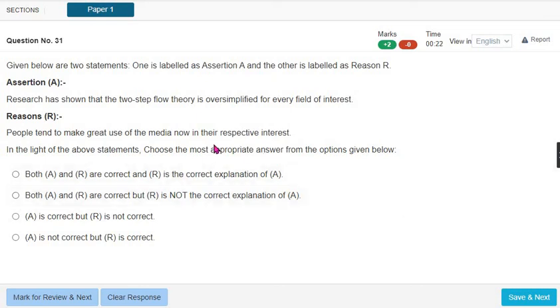People tend to make great use of media now in their respective interest. In the light of the above statements, both A and R are correct.